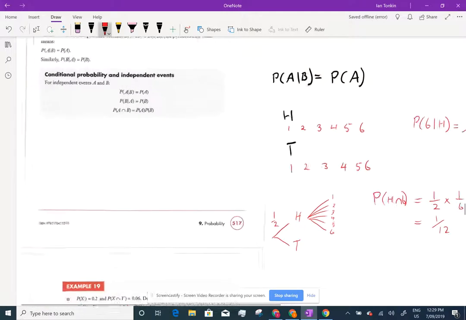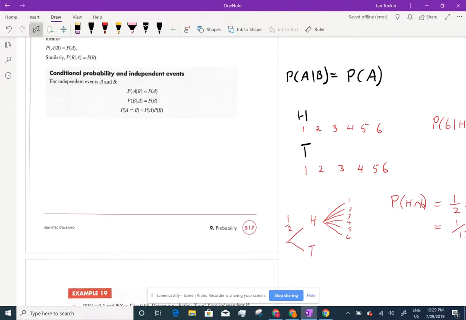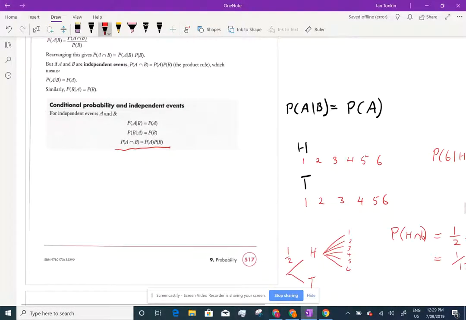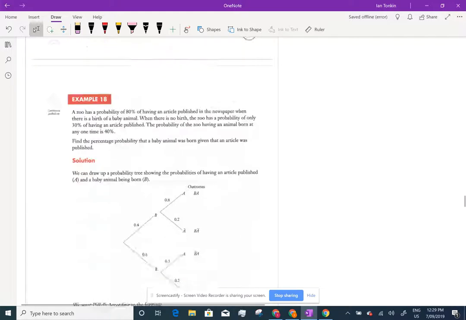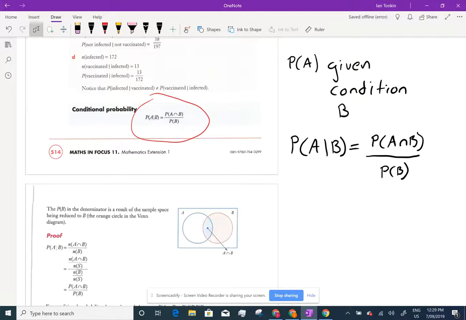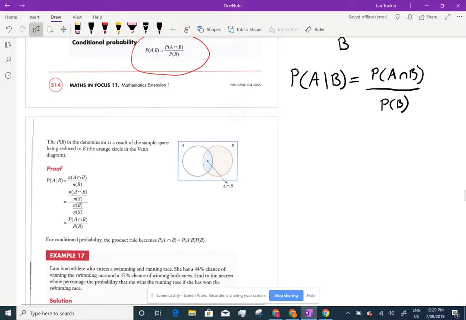So there are some things here that you need to know though. If we're testing for independence, we'll use that. If the two probabilities multiplied give you the same probability as the two things intersecting, then they're independent. And the other thing to note up here is that this is just an equation, and if you manipulate the equation, I can just multiply that PB across.